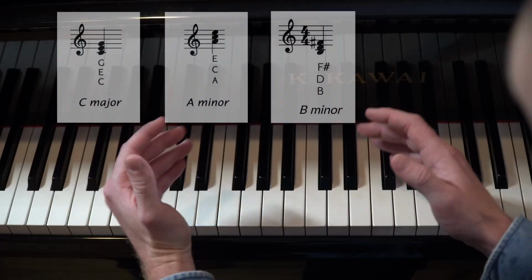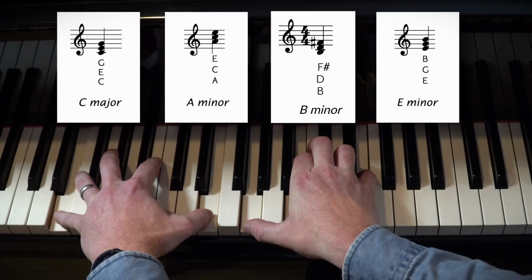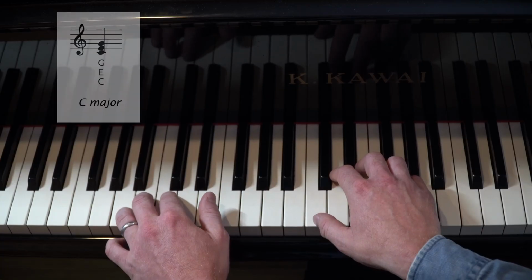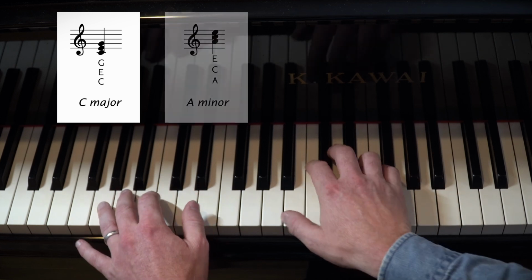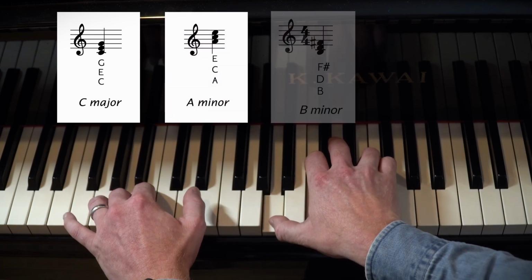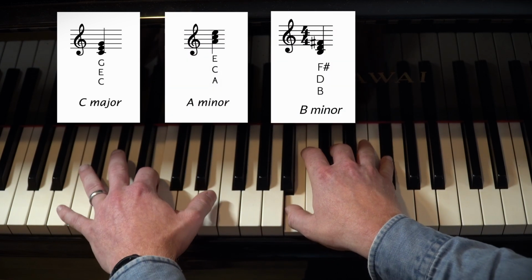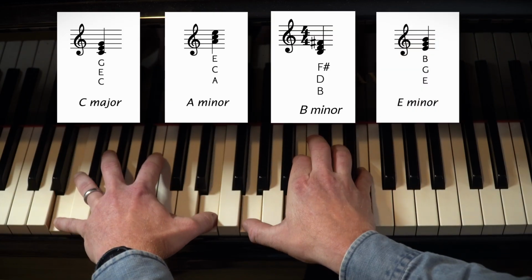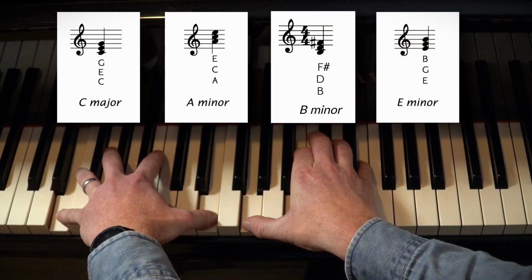I can use chords from the new key. My new home, which is E minor, and the mood of the music will have totally changed. Let's take a listen to that again. C major, A minor, pivot chord, B minor, my modulating chord, new home, E minor.